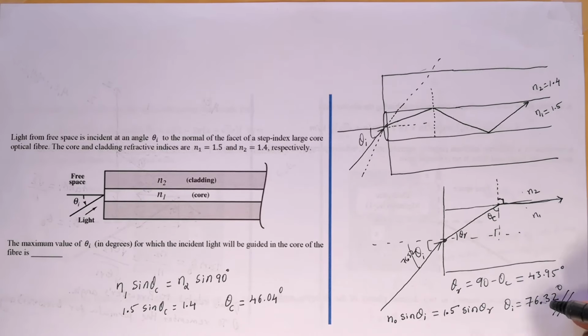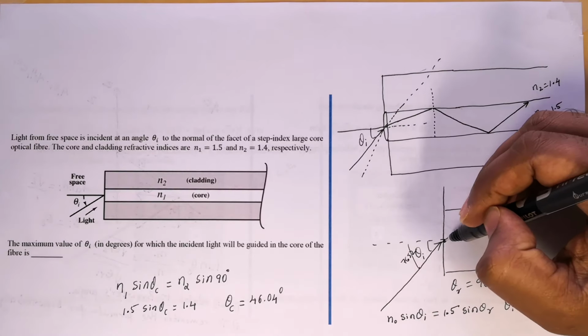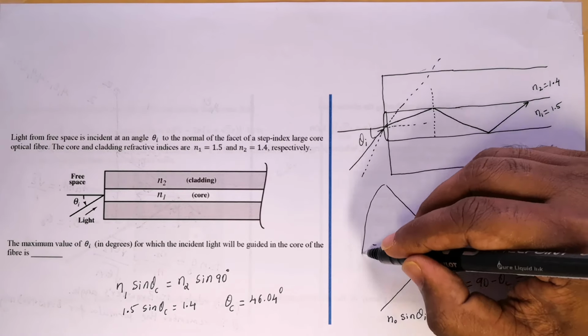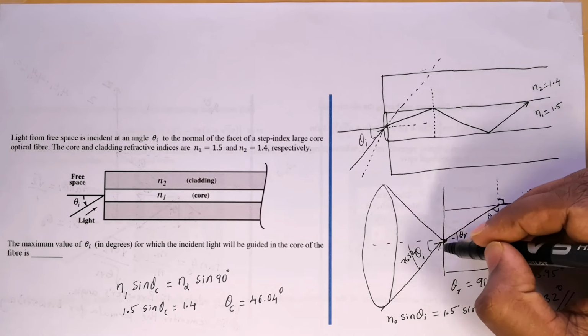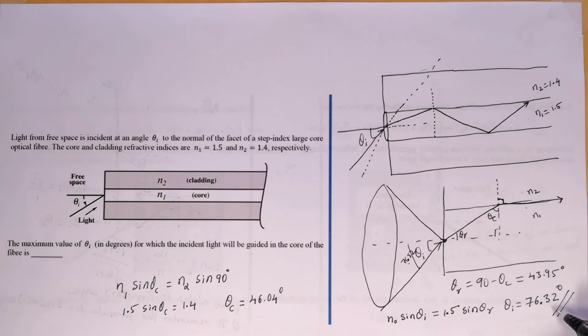For 76.32 degrees, it's not just an angle, it's a cone of angle, so it can accept all the light coming within this cone, and this cone has a half angle of 76.32 degrees. This is one of the most important questions that often come in GATE, and it's really useful to know this method of solving for the maximum cone for which it's accepting the light.